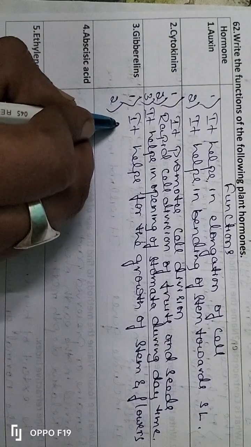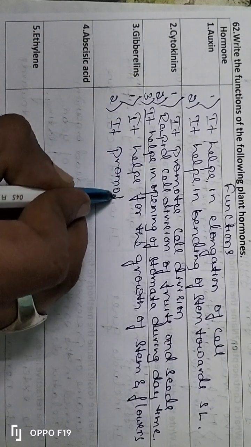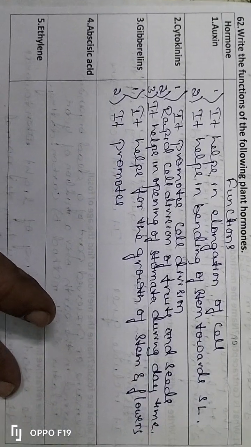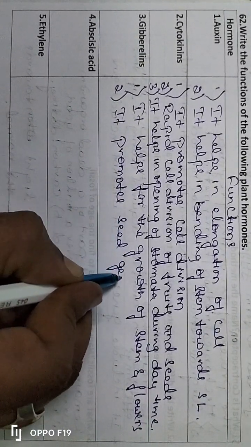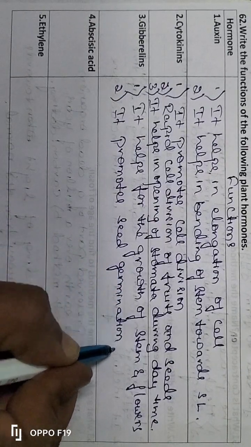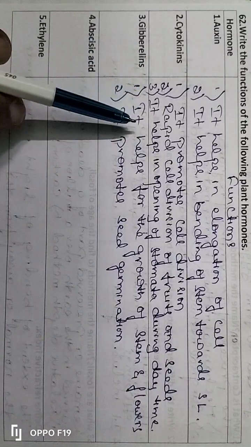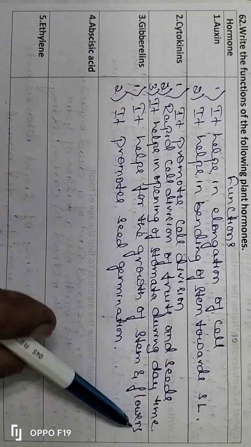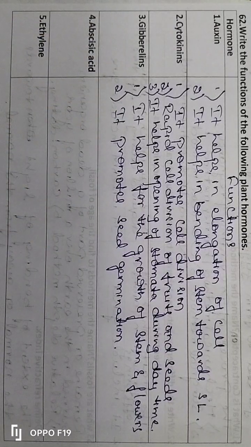Then the second function is that it promotes seed germination. Seed germination is the last step that we have seen in reproduction of plants. So the first function is growth of stem and flowers, and the second function is that it promotes seed germination.